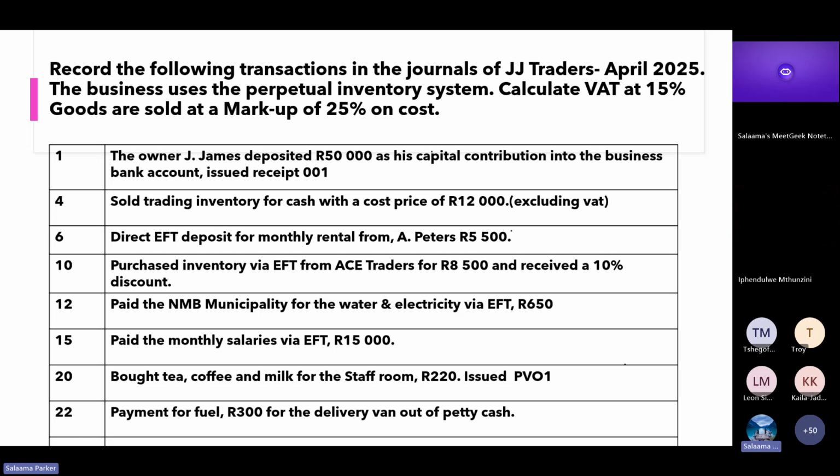Okay, this business uses VAT. Also, just take note that you could also have a business that does not use VAT, or an activity where they said you must ignore VAT. Okay, right. But in the activities that we have practiced in class for Learning Unit 4, we were supposed to take VAT into account.